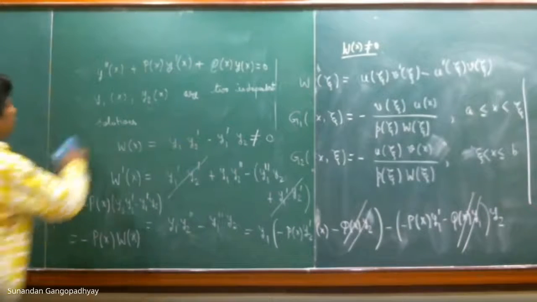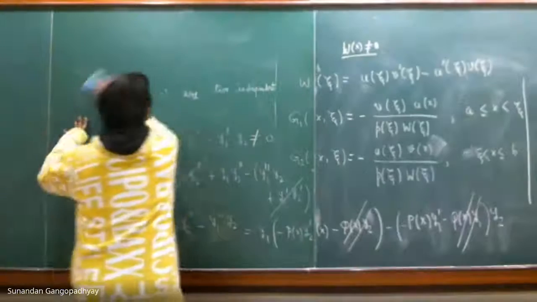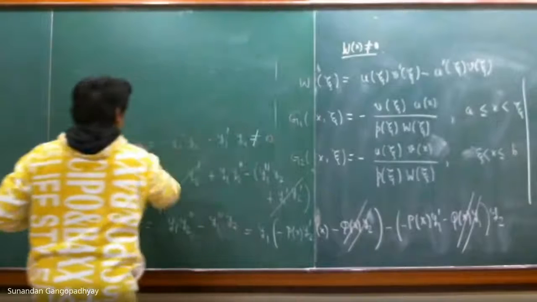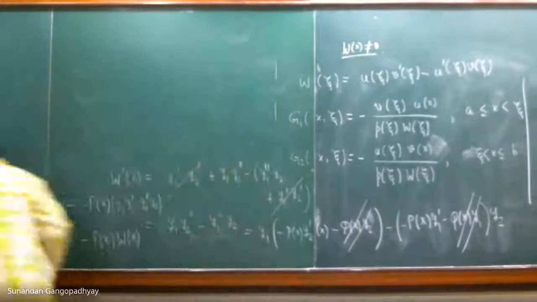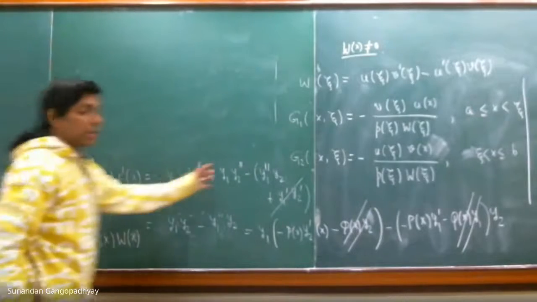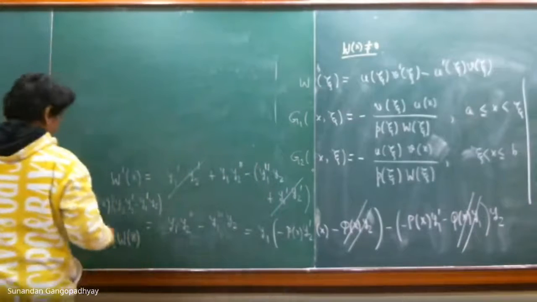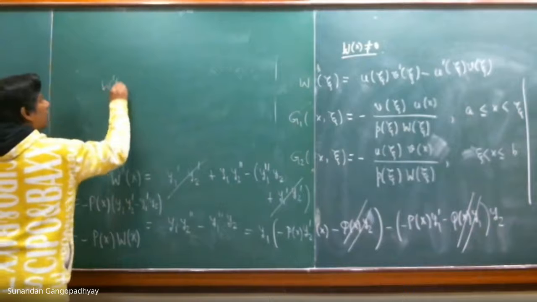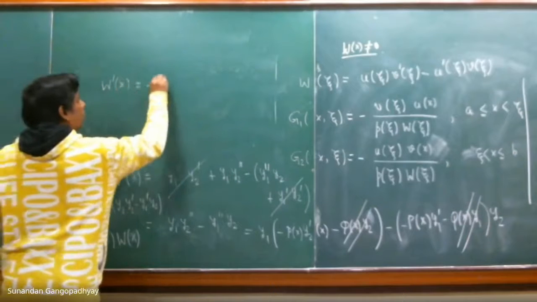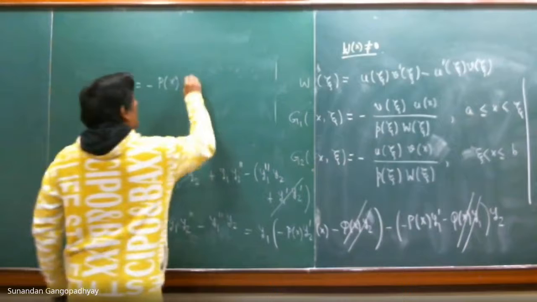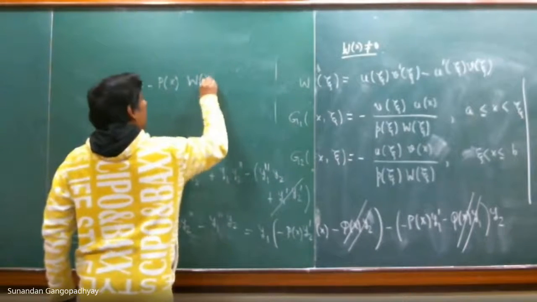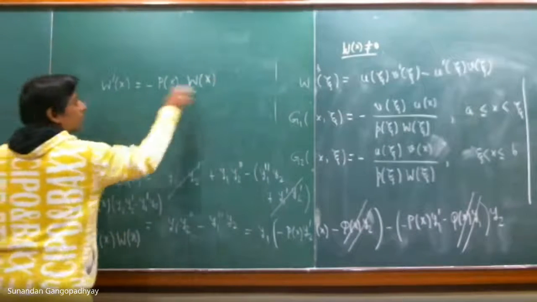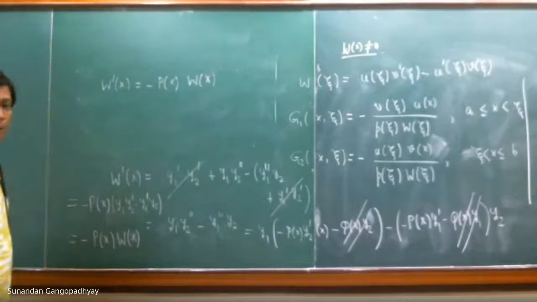So what we have proved is that if y1 and y2 are two independent solutions of the differential equation, their Wronskian is not equal to 0, and W prime of x is equal to minus p of x, W of x. This is the differential equation satisfied by the Wronskian.